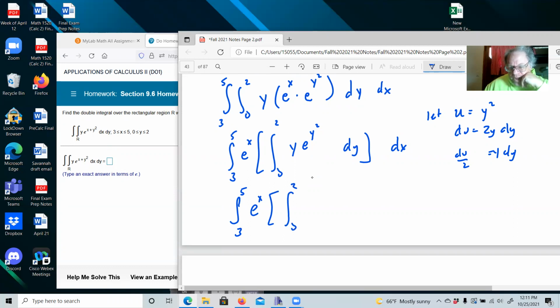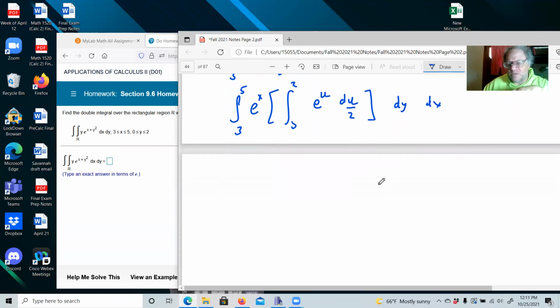Well, y dy, that's equal to du over 2, isn't it? And then this is e to the u. Okay. So integral of e to the u du, to keep things consistent.